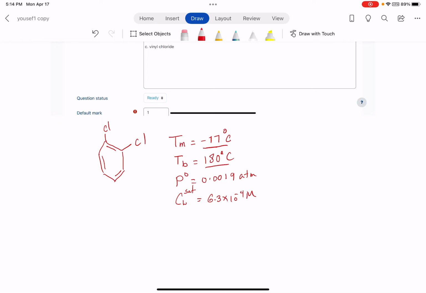So if you want to find out the Henry partition coefficient from the notes, Kh is equal to Kh sat, which is the vapor pressure in atmospheres over the solubility in moles per liter. So this is equal to that. Now, what is the vapor pressure at 25 Celsius?